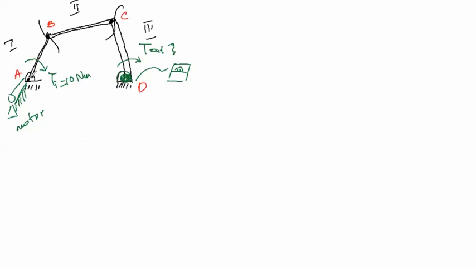And we place a coordinate system here at point A, X and Y. And now draw the free body diagram separately one by one.